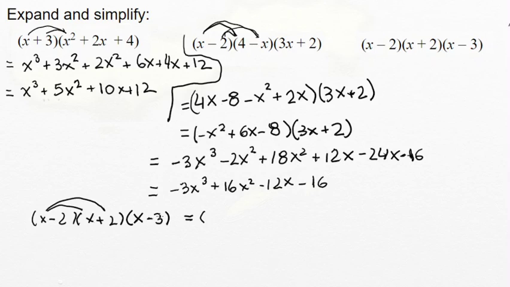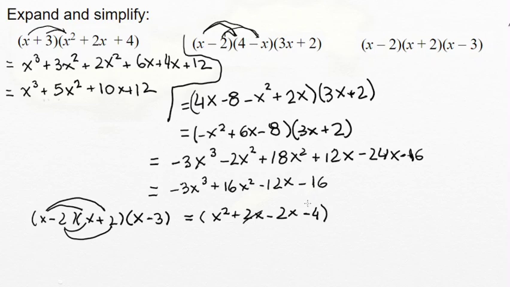So x times x, that's x squared. X times positive 2 is plus 2x. So now you probably see it. Negative 2 times x, that's negative 2x. And negative 2 times 2, that's negative 4.